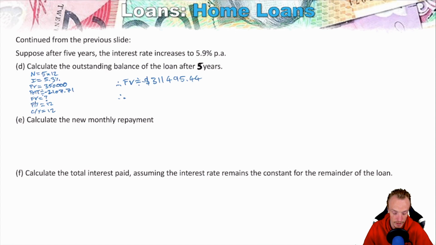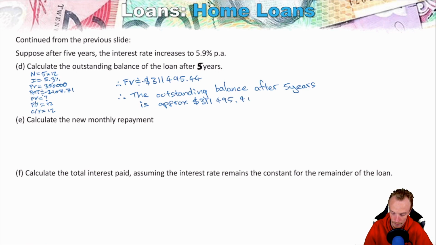So because it's negative, I generally say that we should interpret it. So therefore the outstanding balance after 5 years, should have put a space there, is approx $311,495.44.